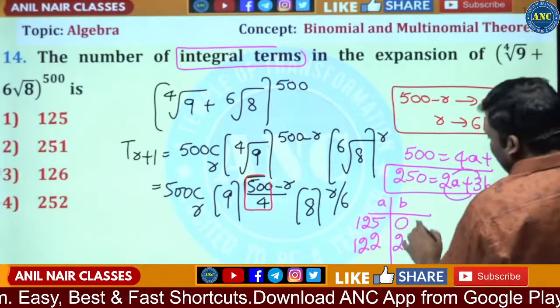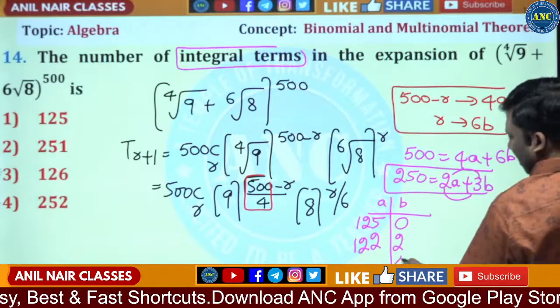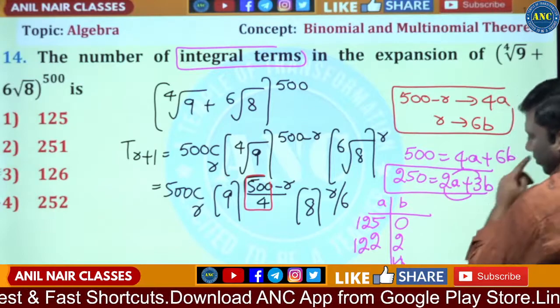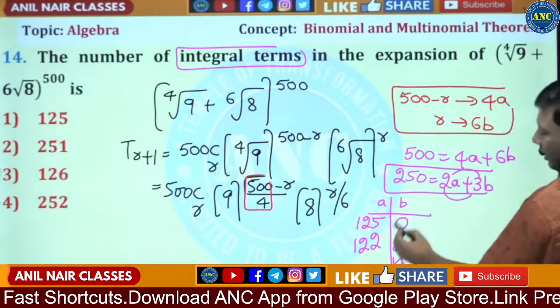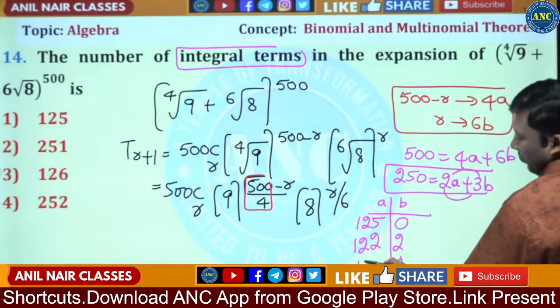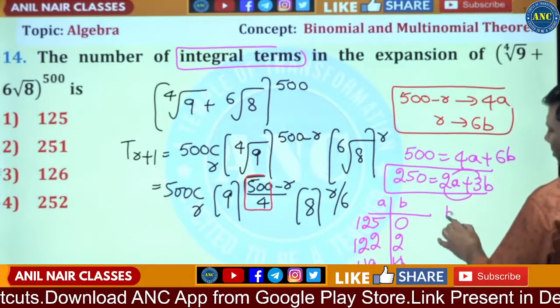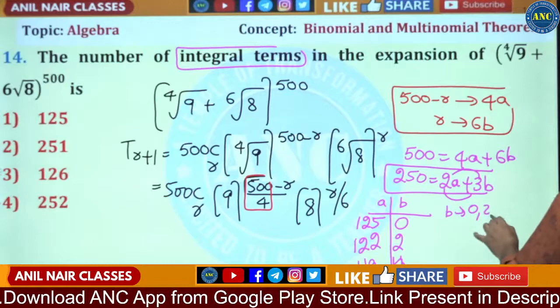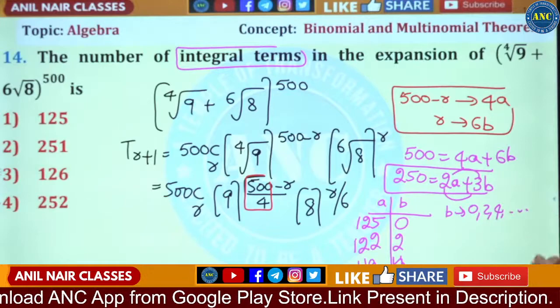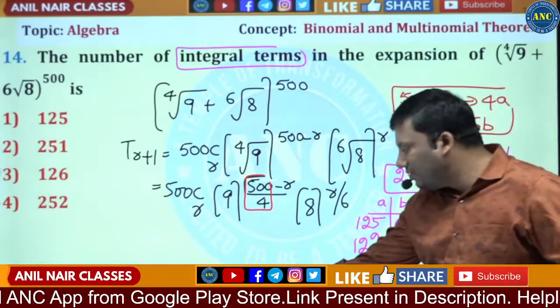That means again b is increased by 2, and a decreased by 3, 119. So b can take 0, 2, 4 and so on.